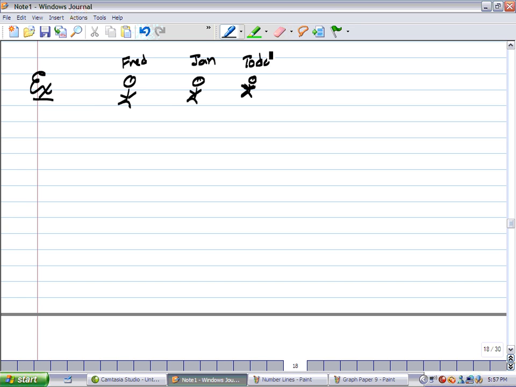There's Todd. Okay, how would we describe where Jan is? We probably wouldn't say Fred is to the left of Jan, who's to the left of Todd. What would we say? We'd say Jan is between Fred and Todd.